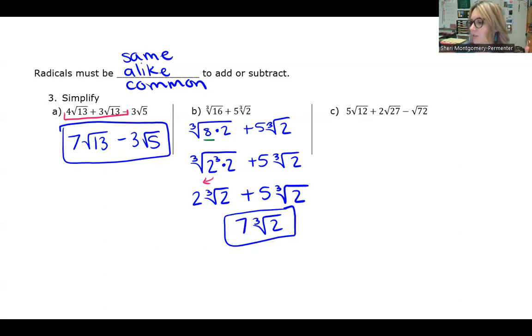None of them are in that x squared column. So what I have to look for are multiples, things that can go into 12 or 27 or 72. So for 12, what perfect square could go into 12? 4. Good job. So this is like 4 times 3.